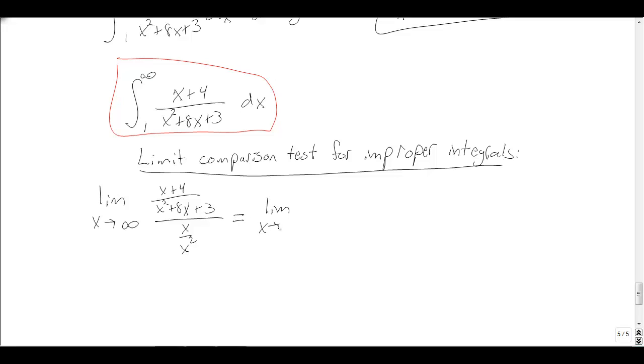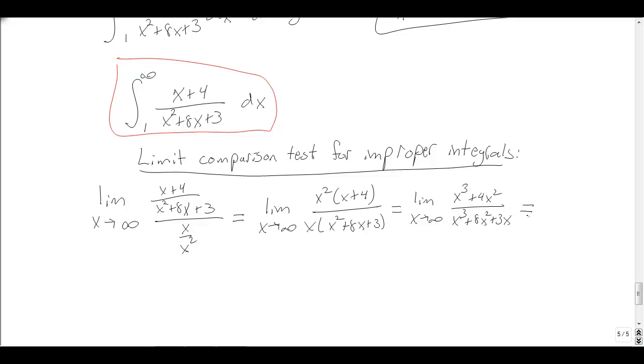So I get a limit as x goes to infinity. You can now take the reciprocal of your denominator and multiply. We'll get x squared times x plus 4 over x times x squared plus 8x plus 3. And this is then a limit as x goes to infinity of x cubed, nope, not x squared, x cubed plus 4x squared over x cubed plus 8x squared plus 3x.